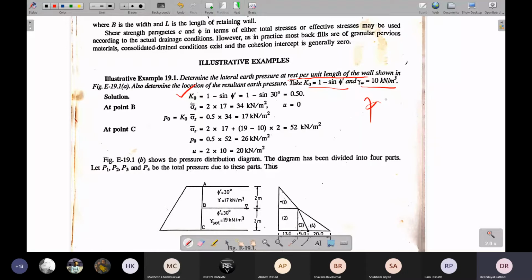Here, this is what they have given, figure 9.1a.